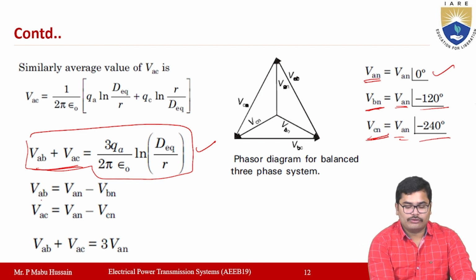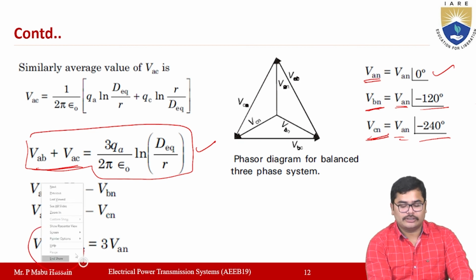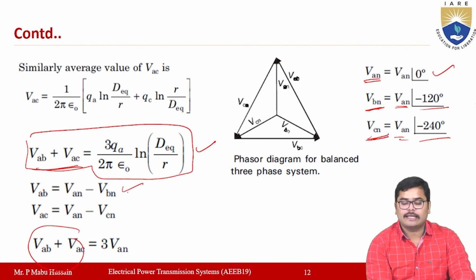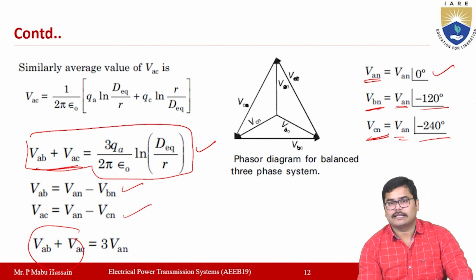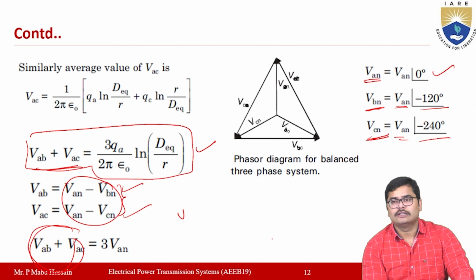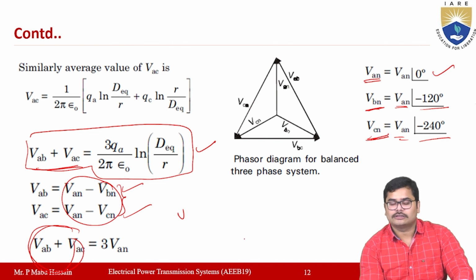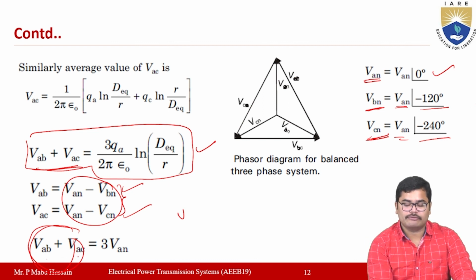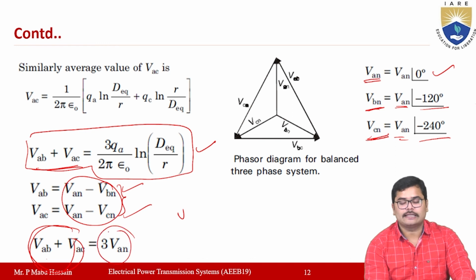Okay. Now if you sum these two, VAB plus VAC. Here VAB is nothing but VAN minus VBN, and VAC is nothing but VAN minus VCN. In place of this, you can write the summation of these. If you derive this, finally you will get VAB plus VAC equal to 3 VAN.